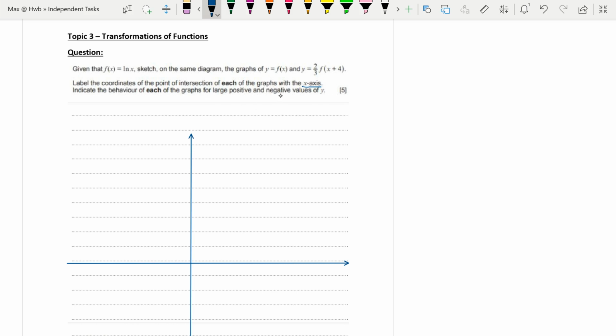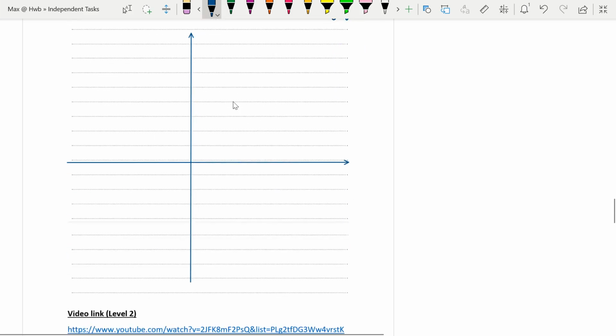So the first thing I'm going to plot is my f of x, which they told me is log x. Now this is a graph that we should know. Log x, let me do my x and y. It should cross the x-axis at 1, and then should come down like this.